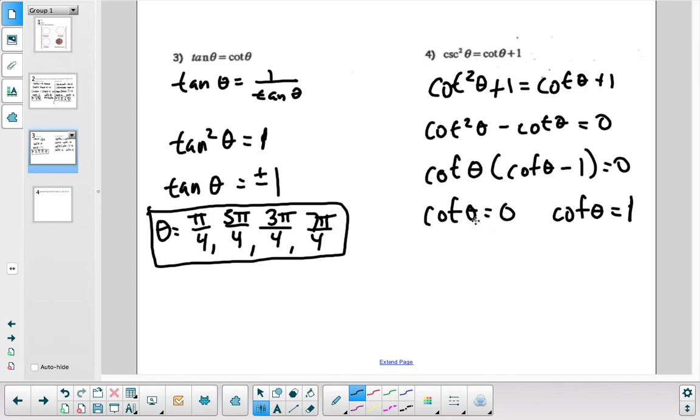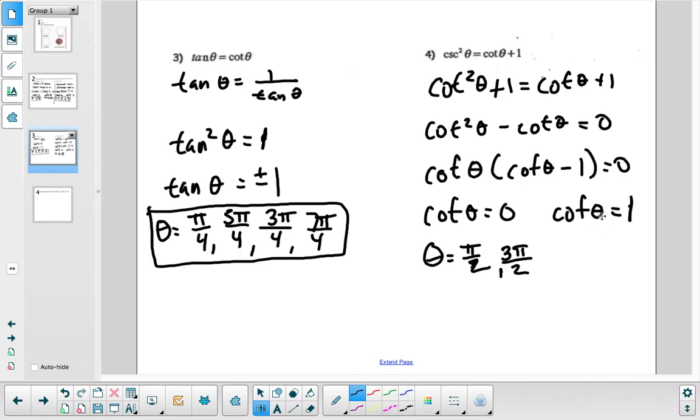Cotangent is, remember, the reciprocal of tangent. So this is where tangent is undefined, or where cosine is 0, because this is cosine over sine. So when cosine is 0, we have pi over 2 and 3 pi over 2.